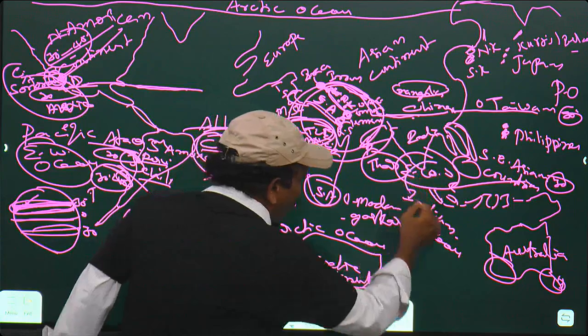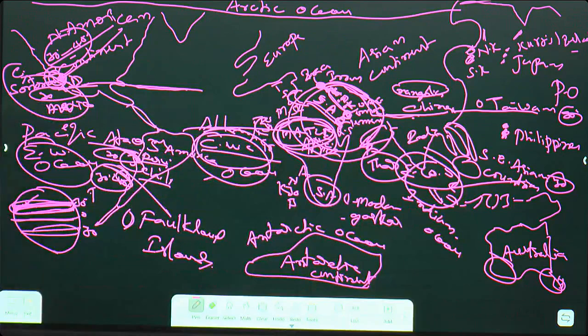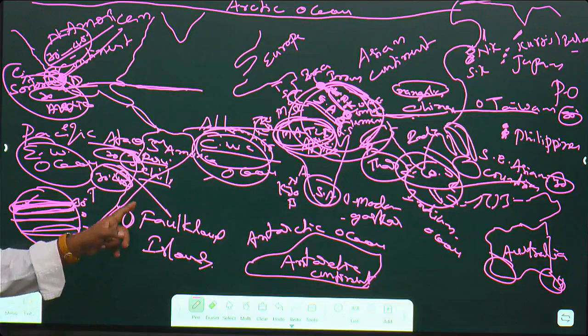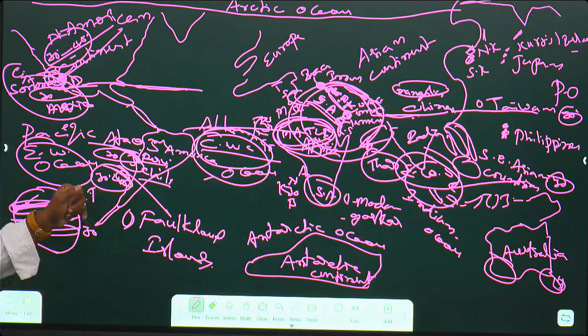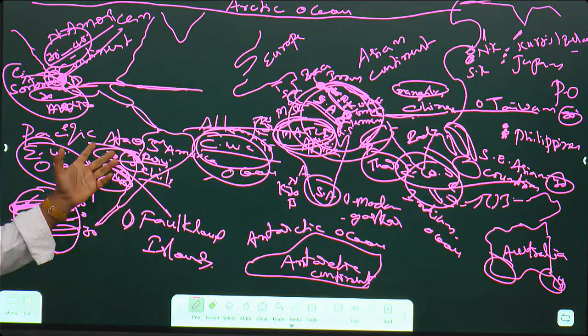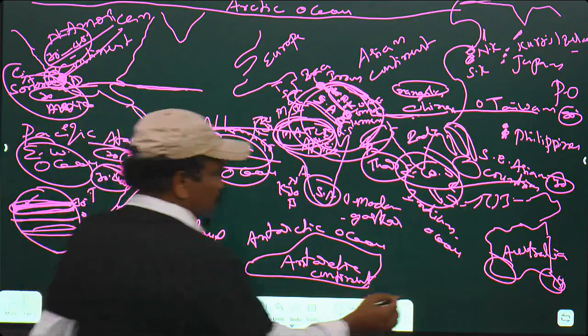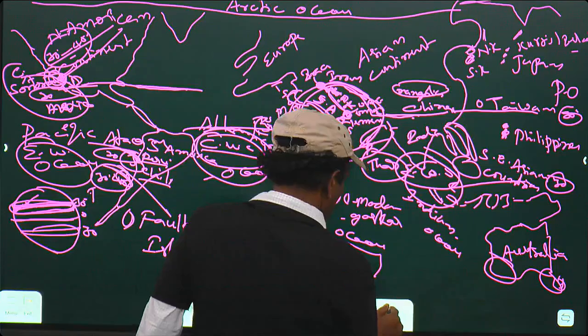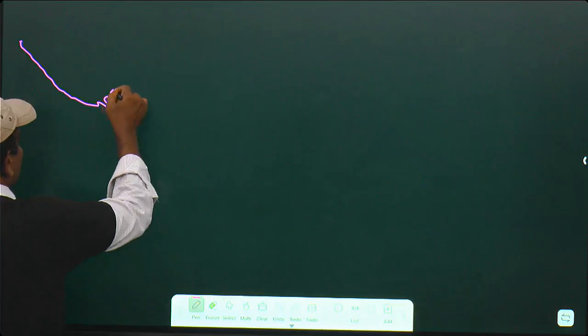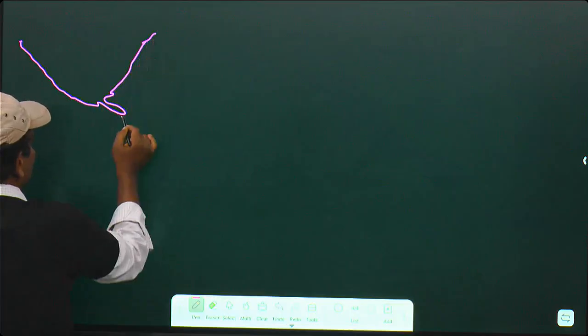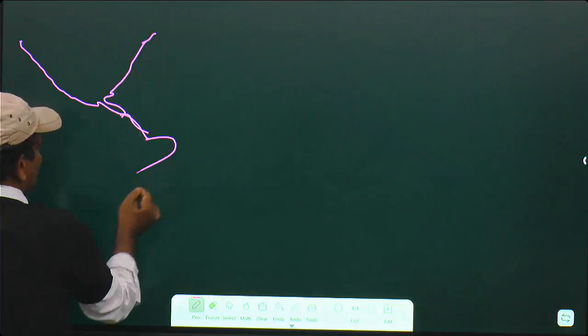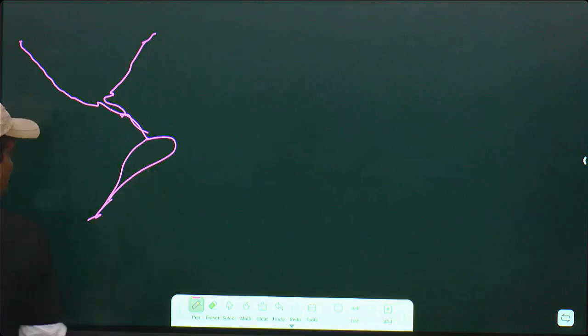This location is the Indian Ocean equatorial warm current. Clear? Can I draw one more diagram for the currents? Any confusion?